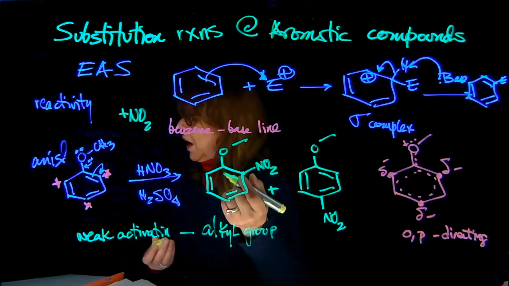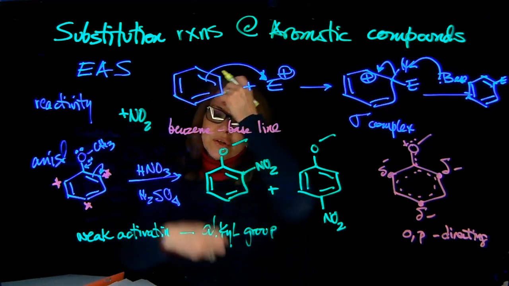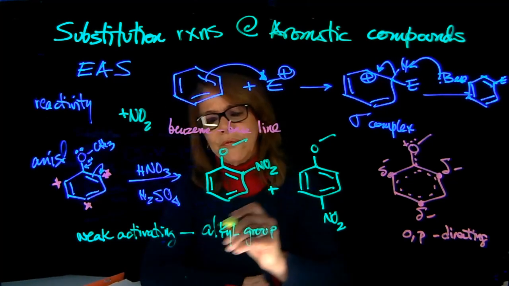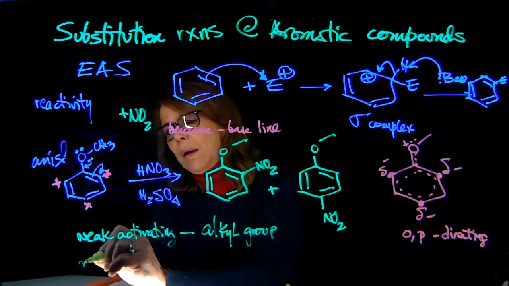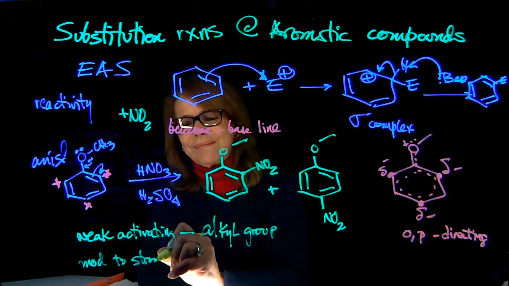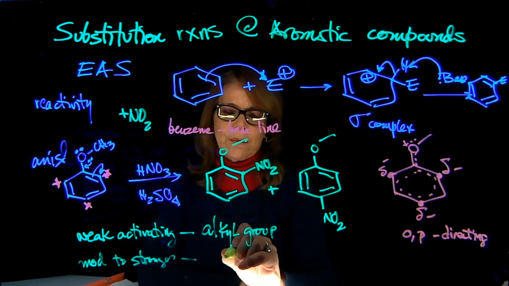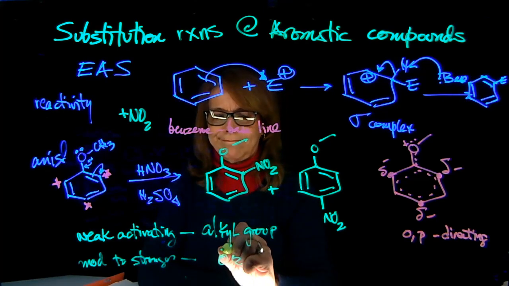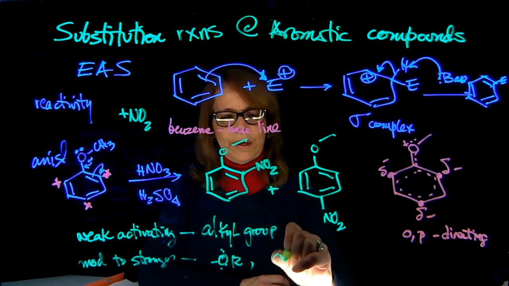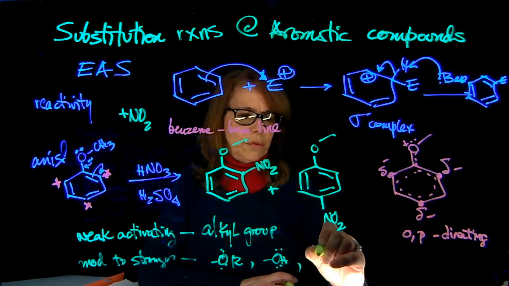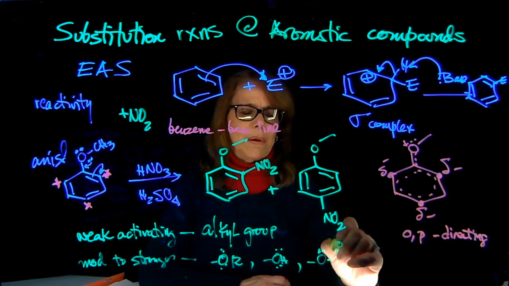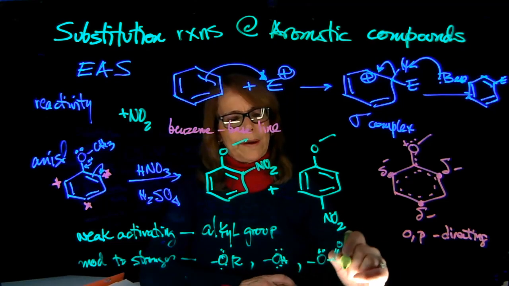And we have some moderate activators and some stronger activators, say moderate to stronger activators. You will have, for example, groups such as OR, so ethers. You will have OH. You will also have moderate to weak, I'll say, amides, esters that way.